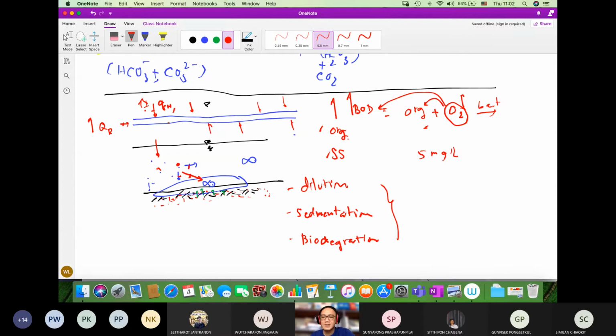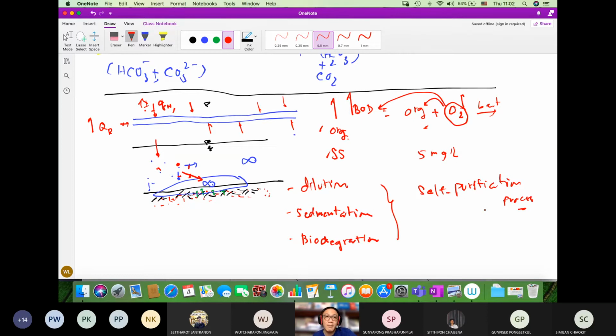I forgot something. These three mechanisms we can actually call the self-purification process. The streams have their own capacities to clean themselves up, and the purification process here we call self-purification, which includes dilution, sedimentation, and biodegradation.